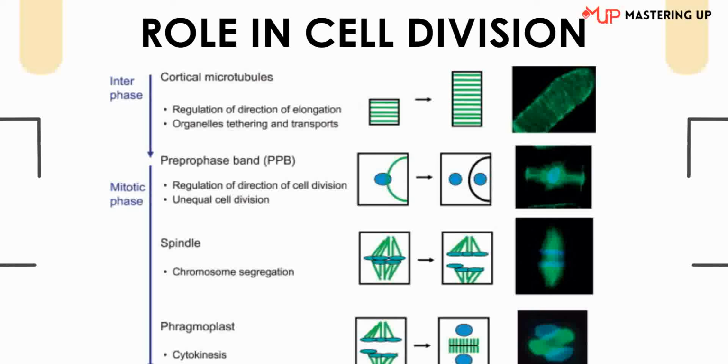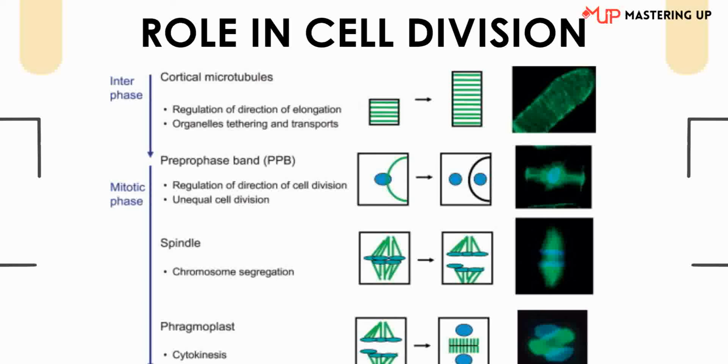and prepares for the division process. And the second stage is the pre-prophase band, which is PPB. The pre-prophase band, a ring of microtubules and actin filaments, forms during the G2 phase of the cell cycle. It determines the future plane of cell division, providing spatial cues for mitotic spindle and cell plate alignment.